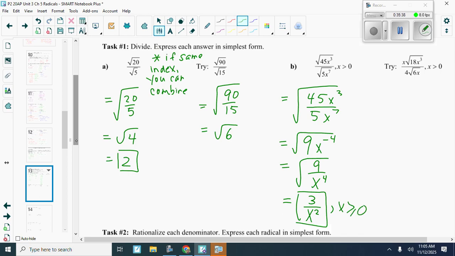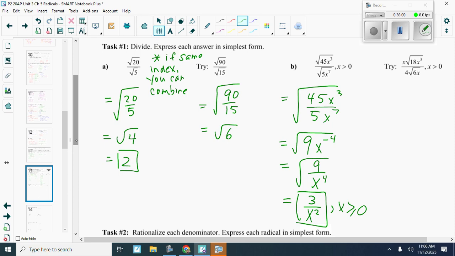Oh guys, here's an interesting thing. I just wrote, because I'm used to writing it, x has to be greater than or equal to 0. However, could x be 0? Why could x not be 0? Yeah, you can't divide by 0. So don't write things down just because you always write things down.